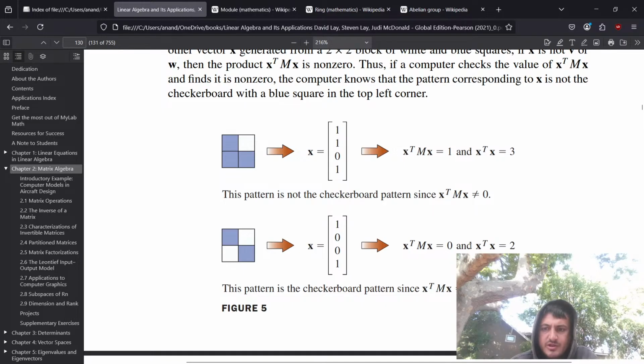Oh, and then they check X transpose X to make sure that. Because what is X transpose X? It's the same as the dot product, right?